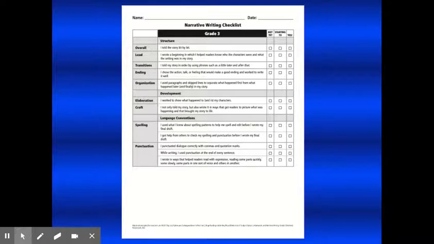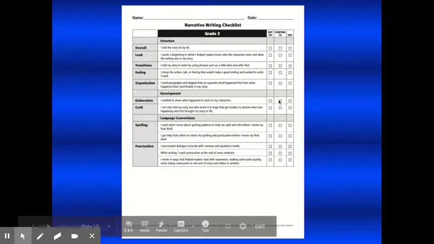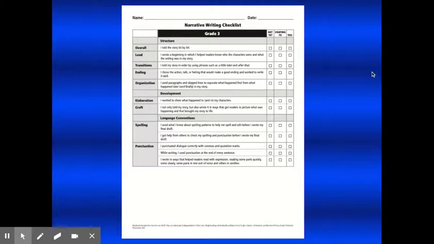I worked to show what happened in and to my characters. I not only told my story, but also wrote it in ways that got readers to picture what was happening and brought my story to life. So I want you guys to think about these first, okay? Spelling and punctuation can come at the end. We're just working on writing a really good story.